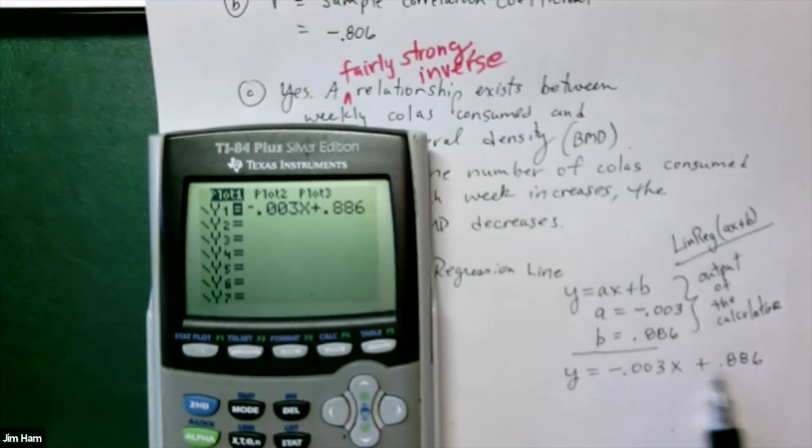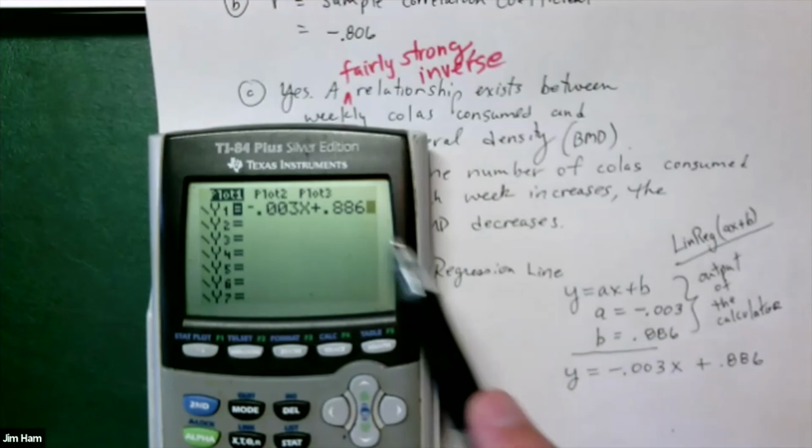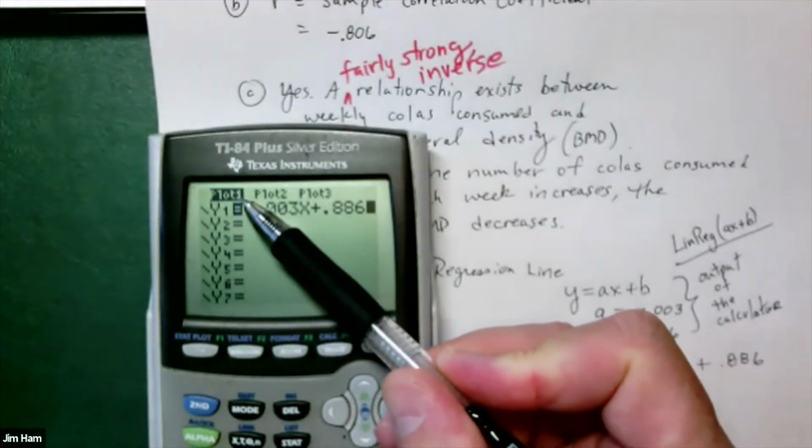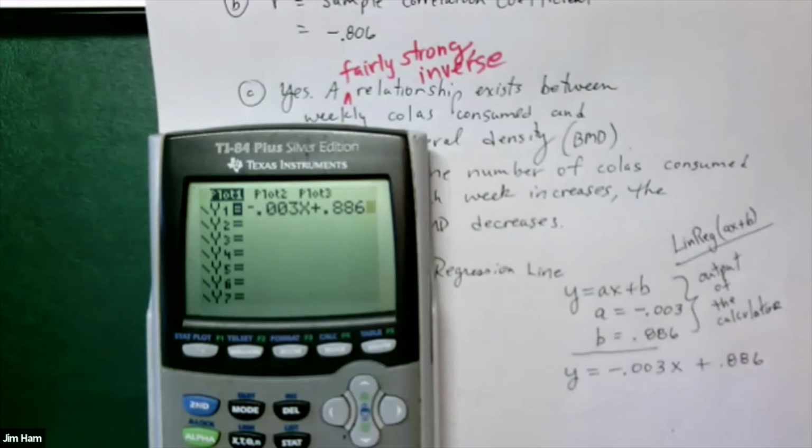So this is the line with those coefficients rounded to 3 decimal places, but usually that's enough precision. I've got the equal sign highlighted. I've got plot 1 highlighted, and that means the calculator is ready to graph both the scatter plot, plot 1, and the line.